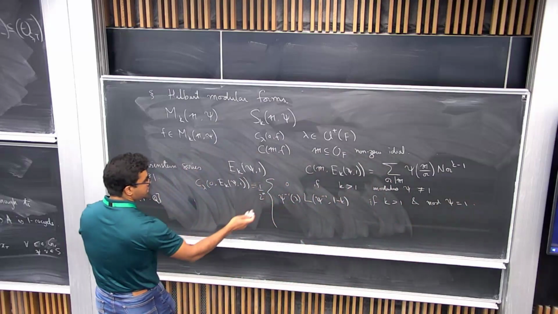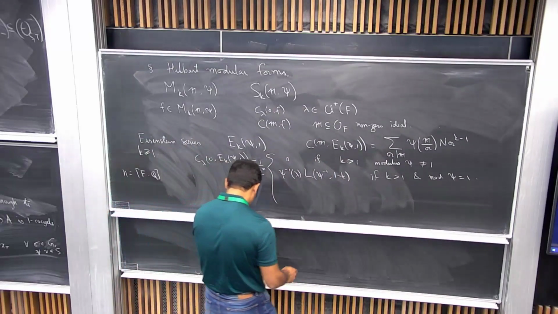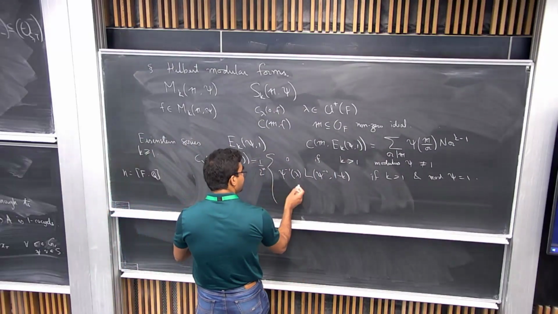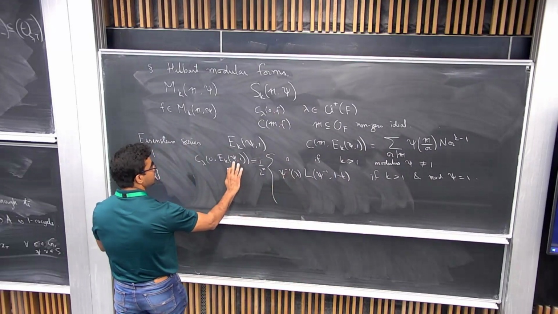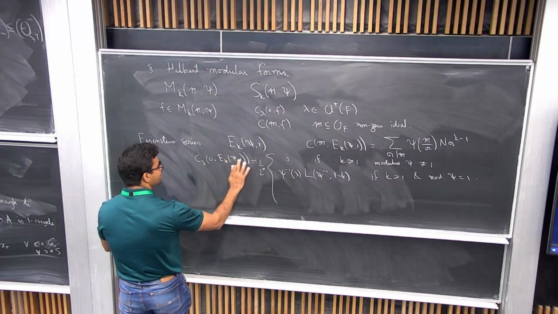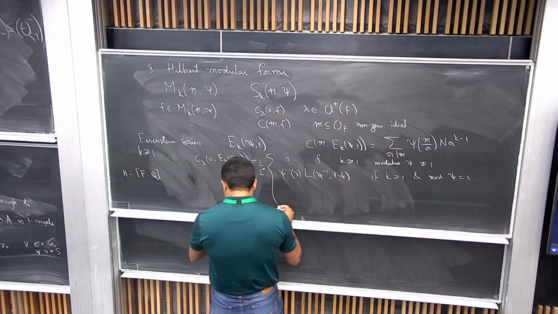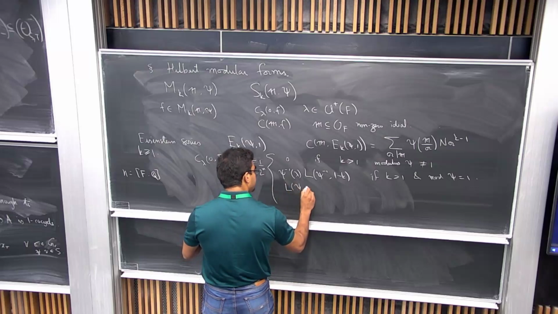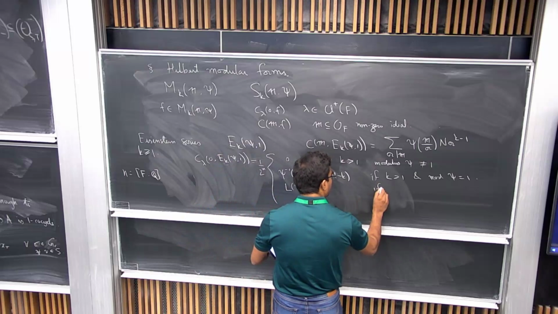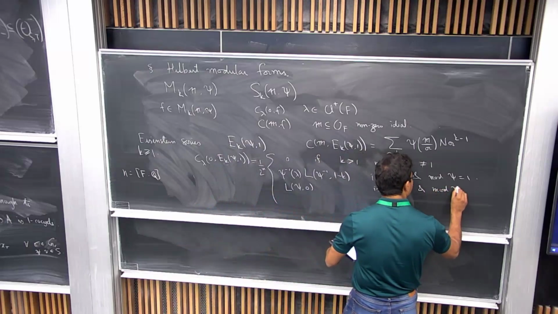The constant term is somewhat easier if the weight is larger than 1. In weight 1, you have a somewhat complicated thing because E_1(psi, 1) is the same as E_1(1, psi). So this is L(psi, 0) if k is equal to 1 and the modulus of psi is not equal to 1.